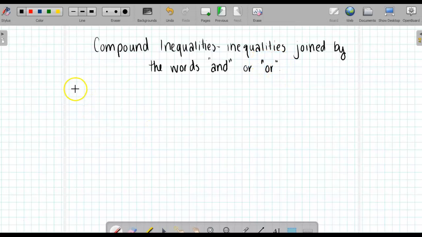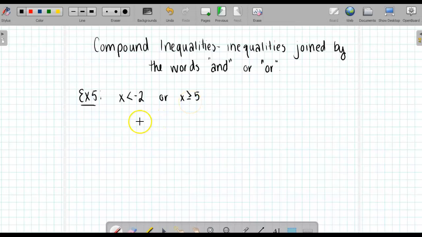Okay, so an example here, our example 5, is going to be X is less than -2, or X is greater than or equal to 5.